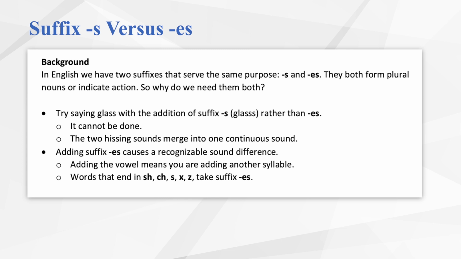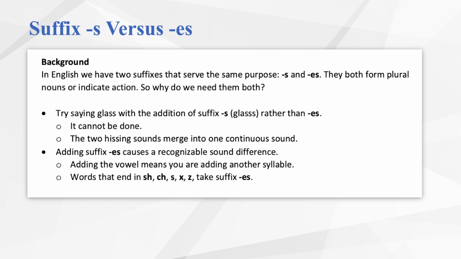There is a specific category of ending sounds that are sibilants or hissy sounds that will take suffix es instead of suffix s. In a moment, you'll see a brief video modeling this little jingle you're going to hear me say to support students in retaining which sounds will take suffix es versus suffix s.